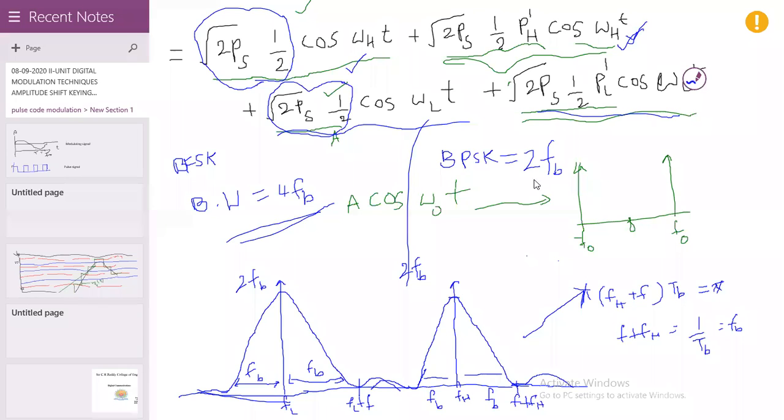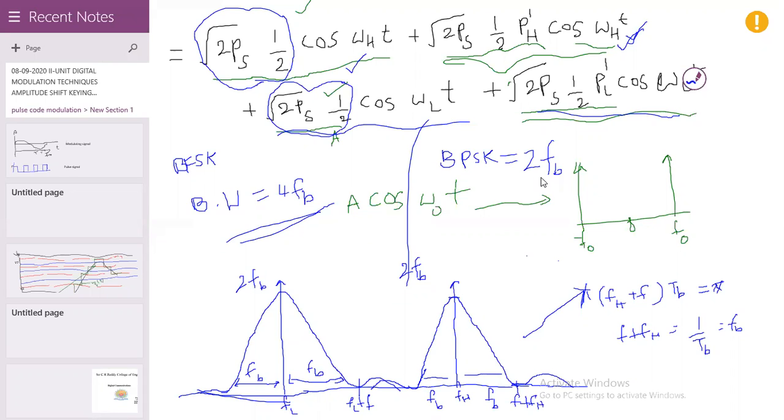Whereas in BPSK, it is the same frequency, only the phase is different. If plus 1 volt is transmitted, the frequency is the same as for minus 1 volt. There is no difference in the frequencies, only a difference in phase. Whereas in BFSK, if we transmit logic 1, the high frequency component occupies 2FB. Again, for minus 1 volt, that is logic 0, the low frequency component occupies 2FB.